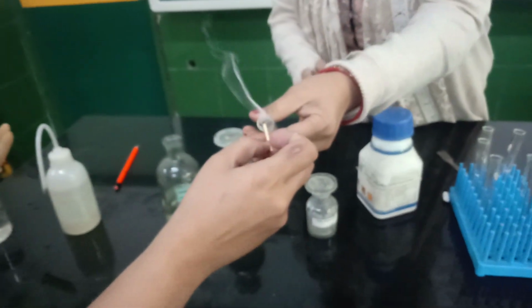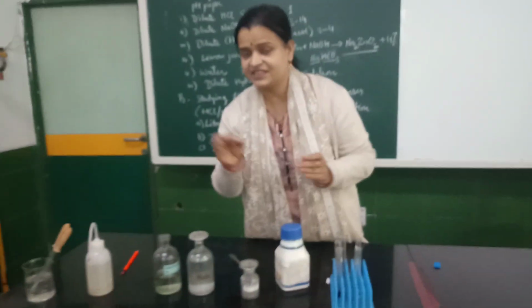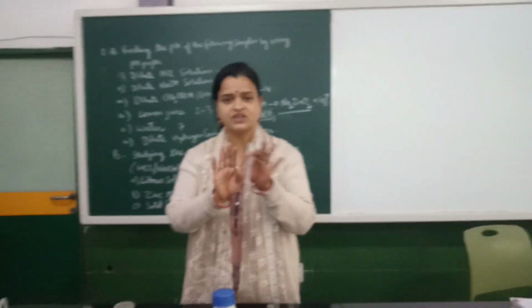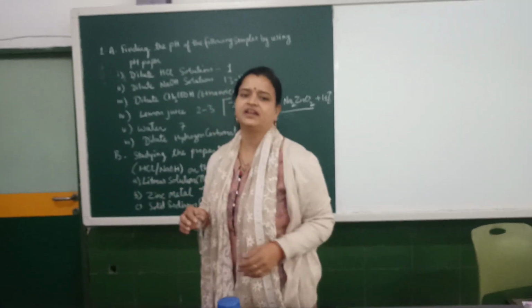Now let us check which gas this is. You can see that the matchstick has been put off. It is because it is not hydrogen gas, it is carbon dioxide gas, which does not support burning. That is why it extinguishes fire.